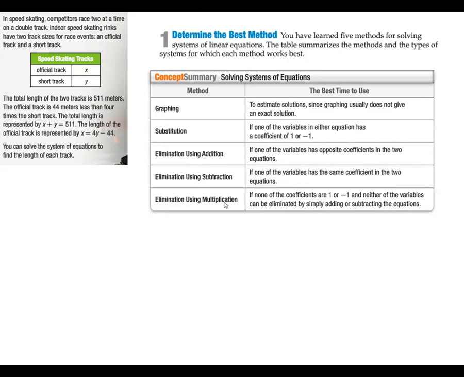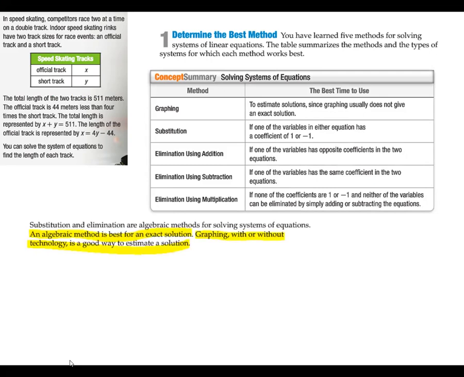These 3 elimination methods all use the idea of elimination. That's why they're called elimination. So really there's 3 methods: graphing, substitution, and elimination. You just have to know which elimination method to use based on how the systems are set up.